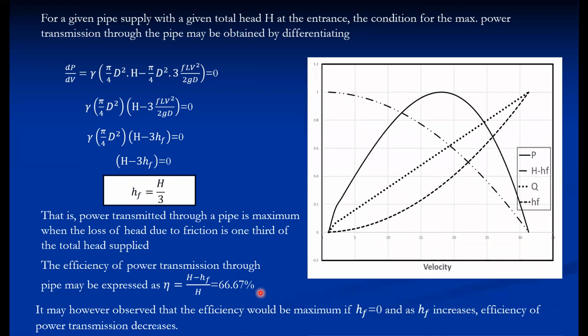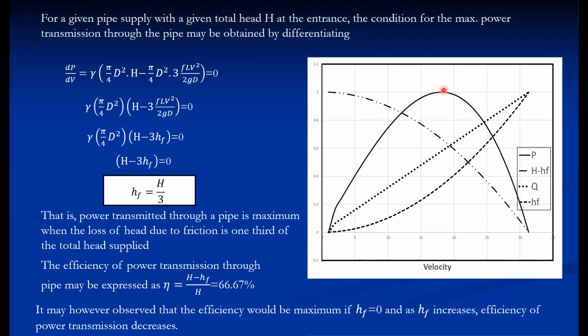And here is a graphical performance analysis of this power transmission pipeline, developed by plotting velocity versus various parameters like power, H minus HF, Q and HF. We can see that as the velocity increases, initially the power increases because HF is not dominant there.